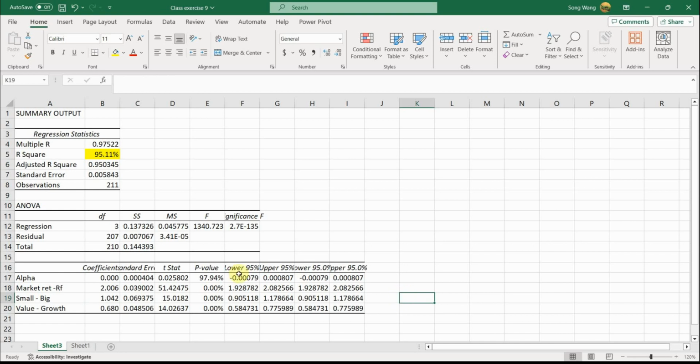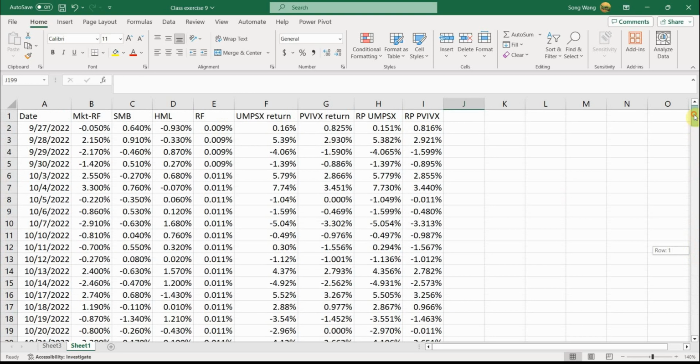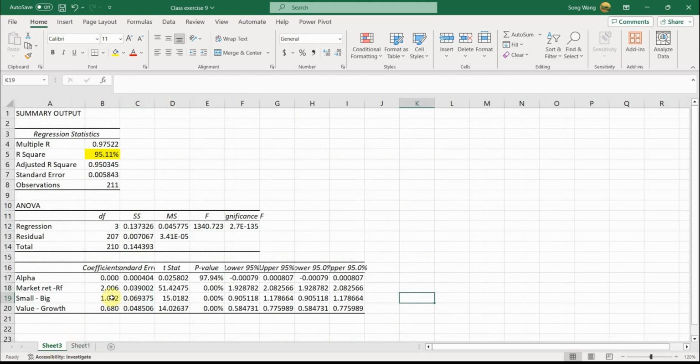So the implication is this mutual fund has a positive relationship with small stocks. If you look at the data here, when small minus big is positive, that means the small stocks outperform the big stocks, so these are all positive returns, then your portfolio is likely to have 1% return over there.